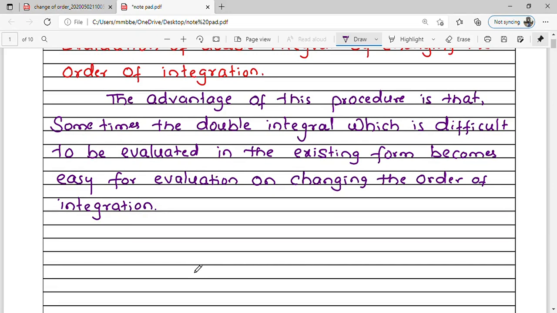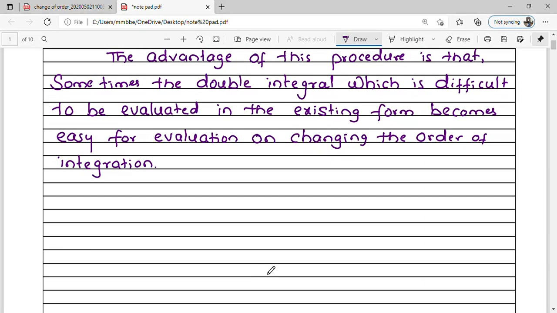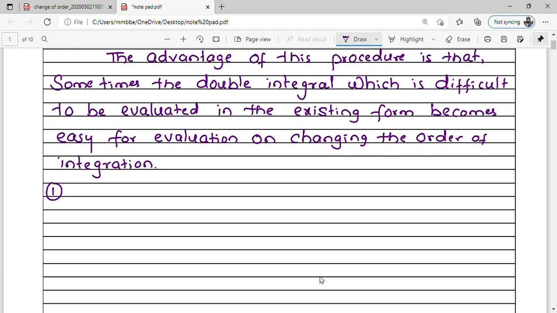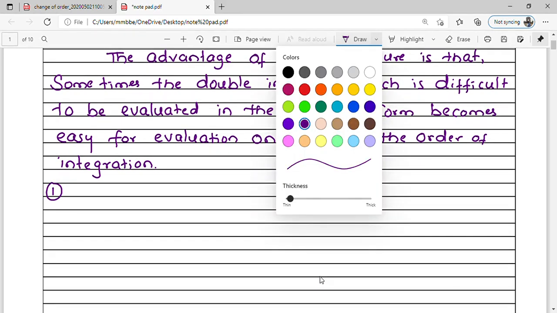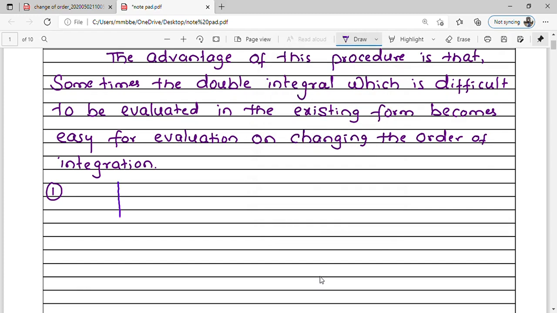So here we need to know some equations and their figures. For example, the first one is the coordinate axis.